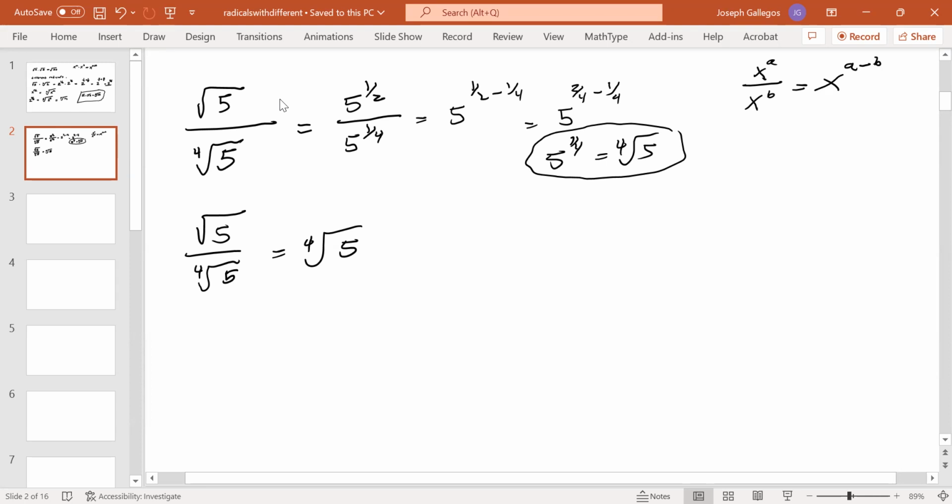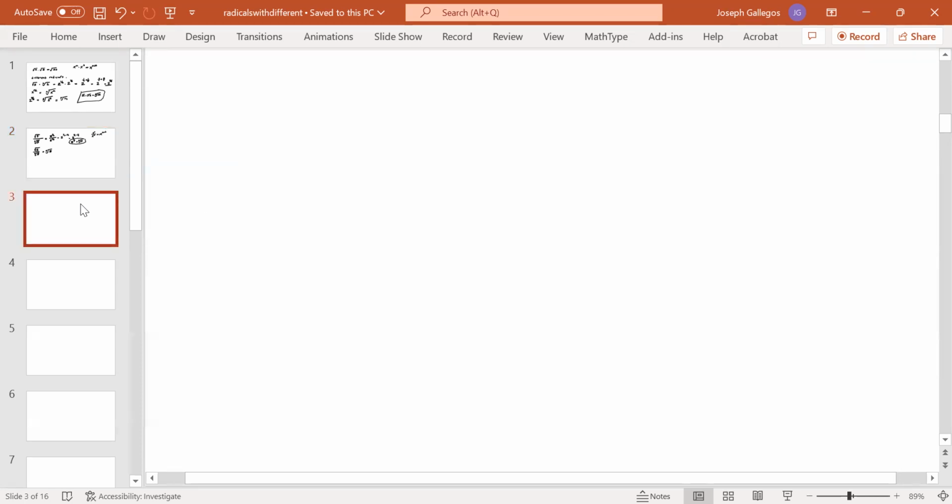A more challenging problem would be what happens if we have not only different radicals, but different radicands. So maybe we would have something like this. The cubed root of 2 times the square root of 3.